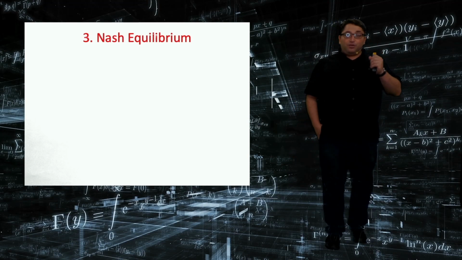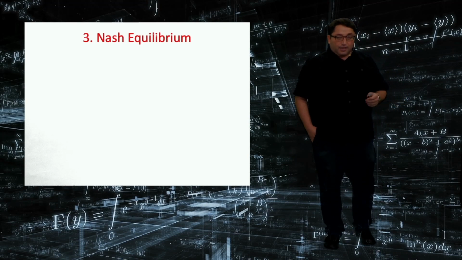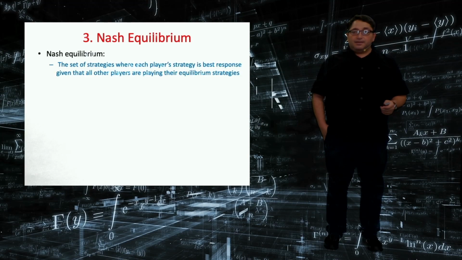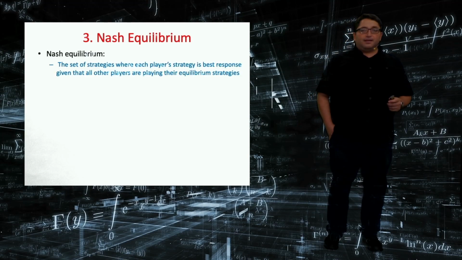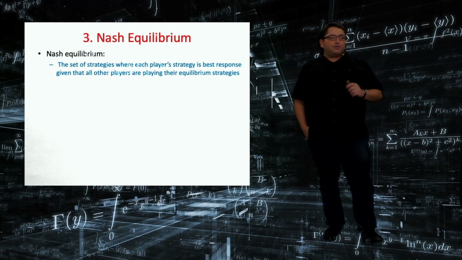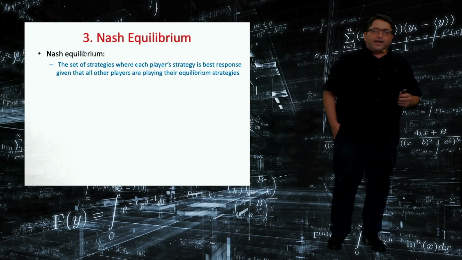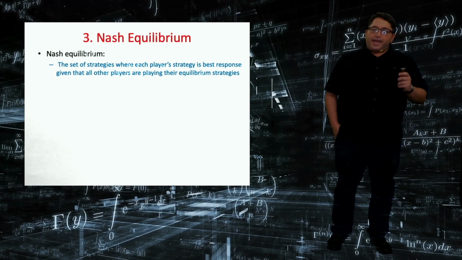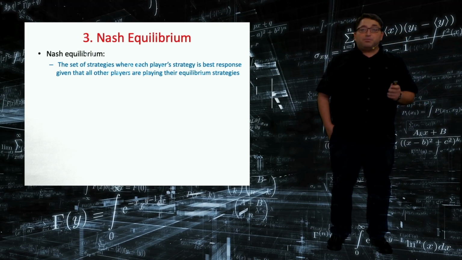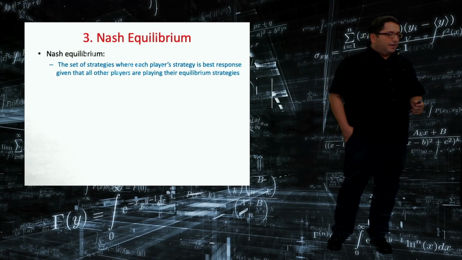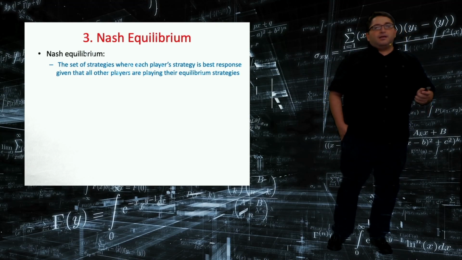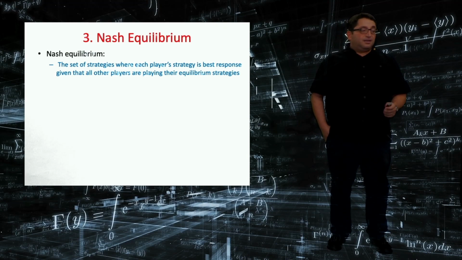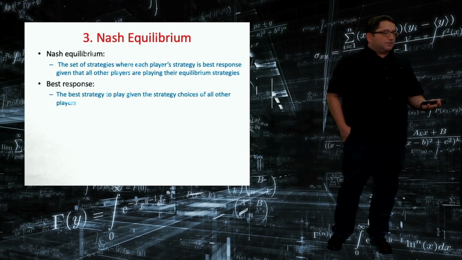And here the idea of John Nash, who coined this very important equilibrium concept, comes into play. Nash's equilibrium concept is based on the idea of best responses. In equilibrium, all the players are playing best responses according to the other players' equilibrium strategies. So what does a best response mean?